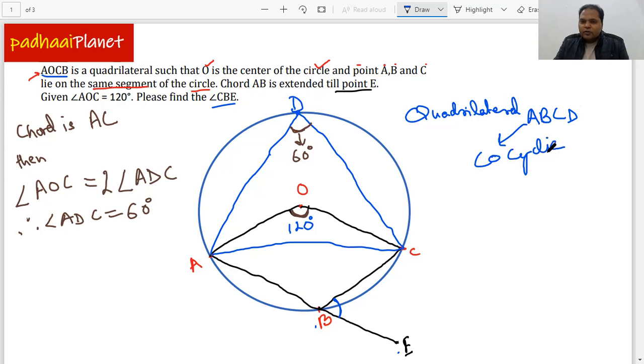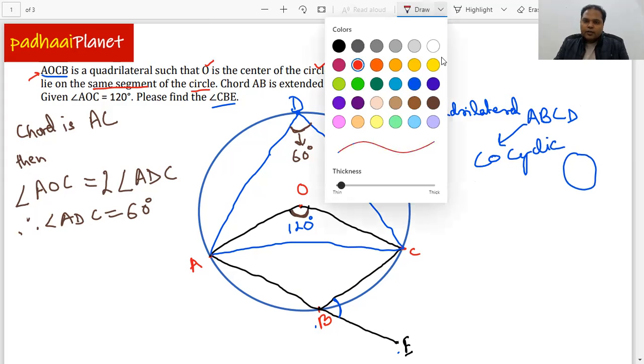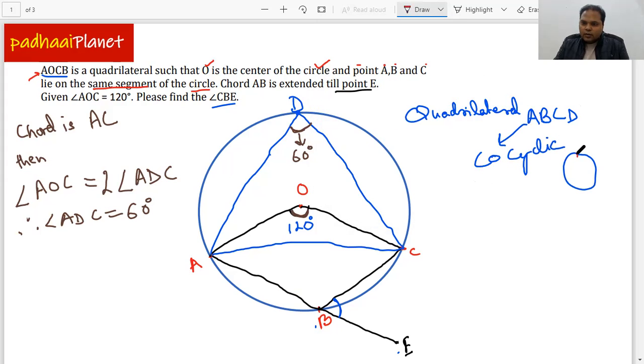I hope you know what a co-cyclic quadrilateral is. A co-cyclic quadrilateral is a quadrilateral whose all 4 points are lying on a particular circle. When we connect all these 4 points, that makes a quadrilateral, and since all 4 points are lying on the same circle, it is a co-cyclic quadrilateral.